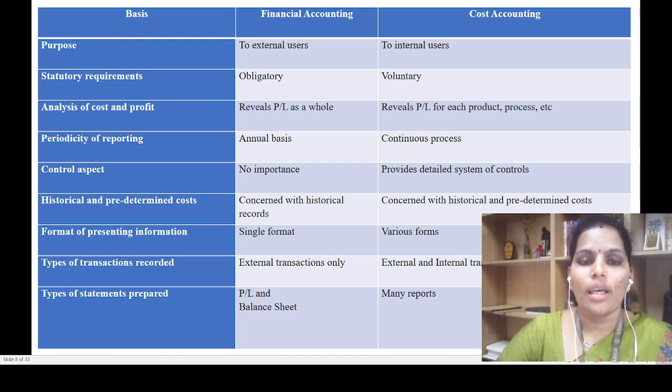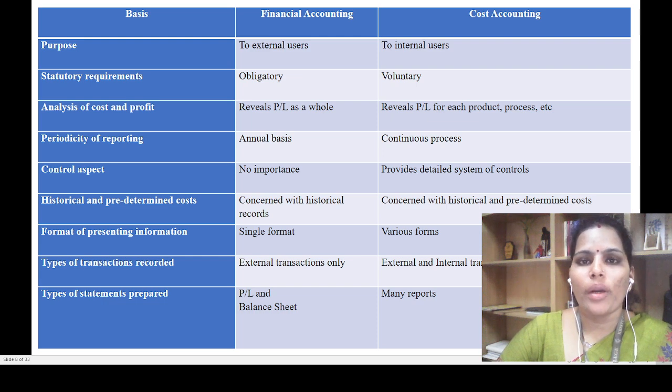Financial accounting, as per statute or law, must be prepared by every organization registered under the Companies Act. But cost accounting is not like that. It is optional for the company. It is voluntary. If you want, you can prepare it; if you don't want, you need not prepare it.